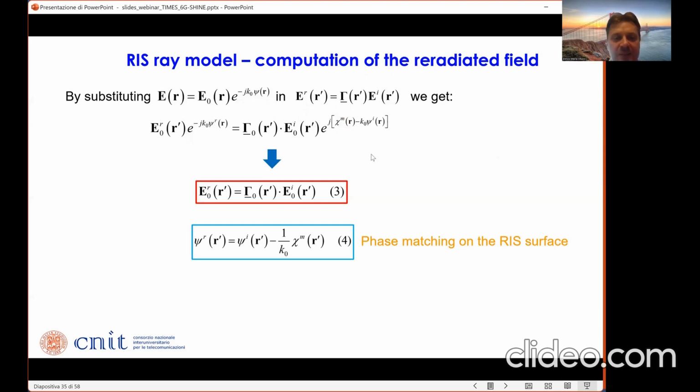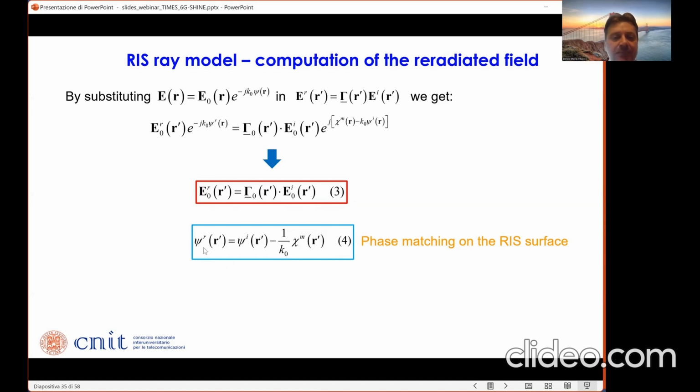The first part is the one related to the amplitude and polarization of the reflected field on the surface, on the generic tile, while the second part is an equation which defines this phase matching condition that must be satisfied on the RIS surface.